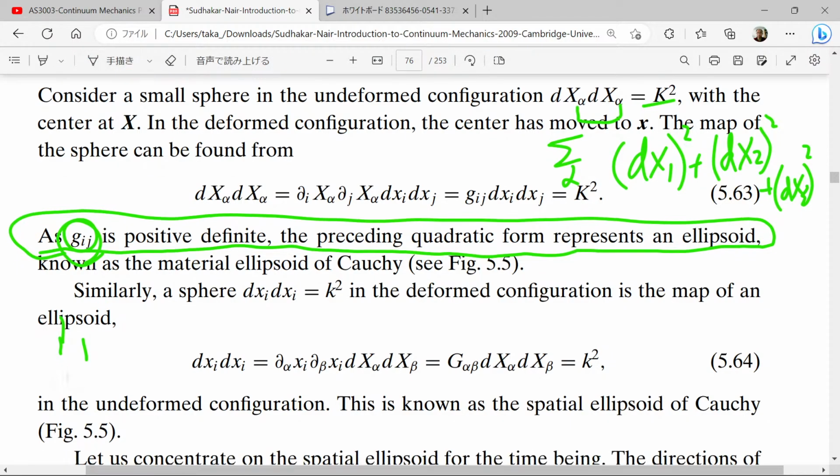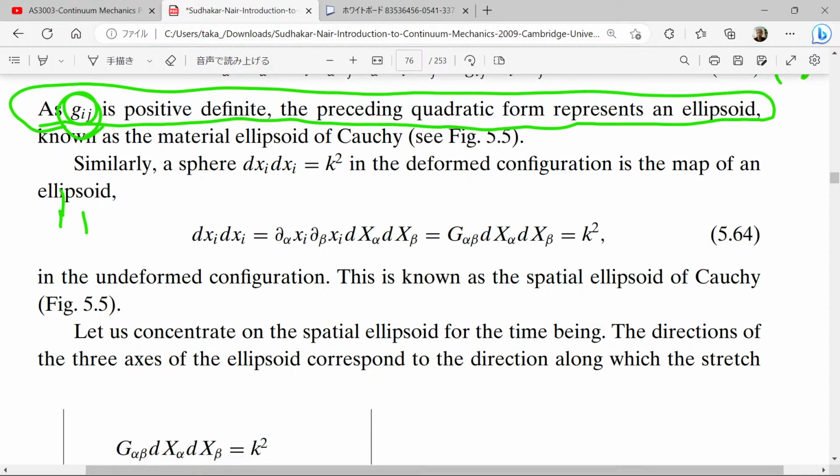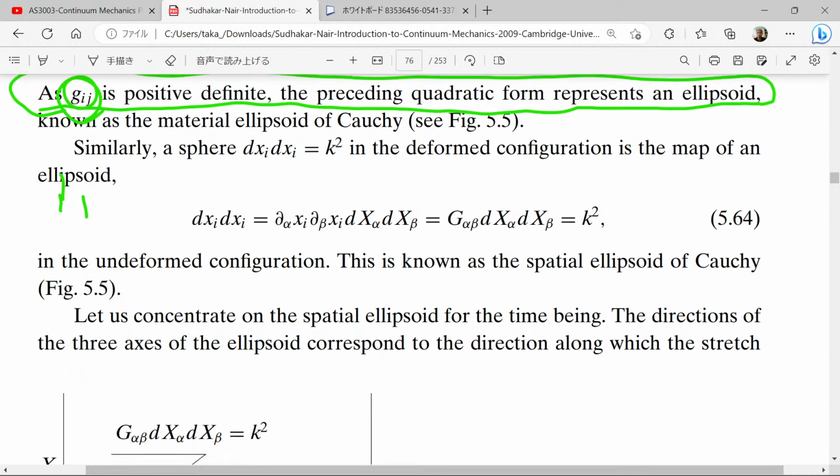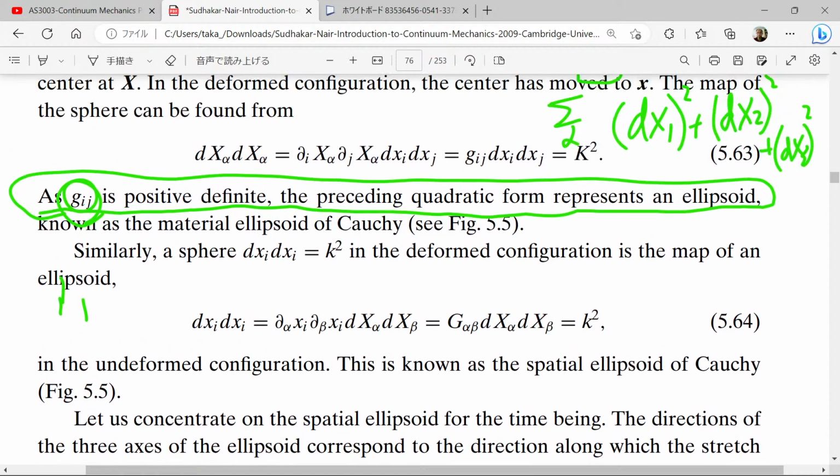See figure 5.5. Similarly, a sphere dxi dxi equals small k squared in the deformed configuration is a map of an ellipsoid: dxi equals partial small xi over partial large X alpha dX alpha. Excuse me.